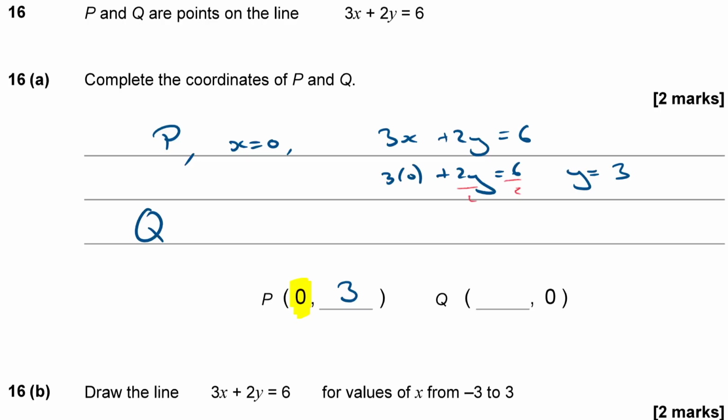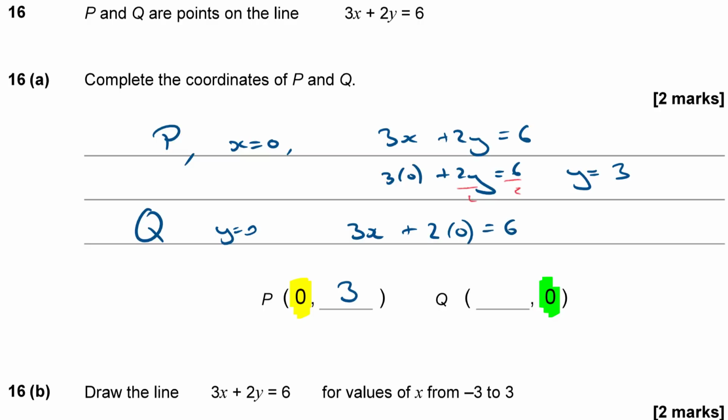So then for Q, we know that the y coordinate is 0. So y is 0, which means I've got 3x plus 2 lots of 0, which is equal to 6.